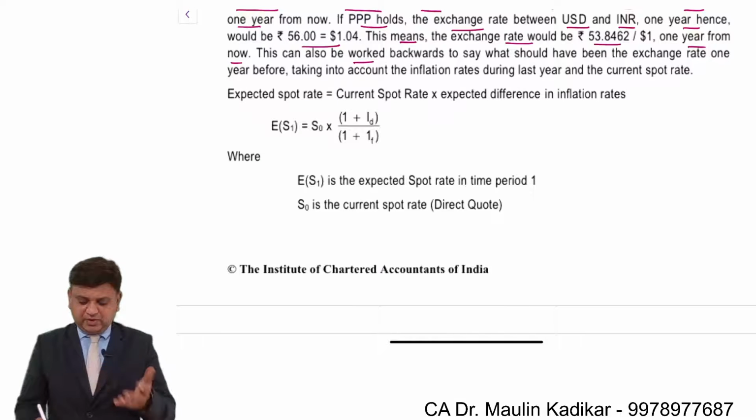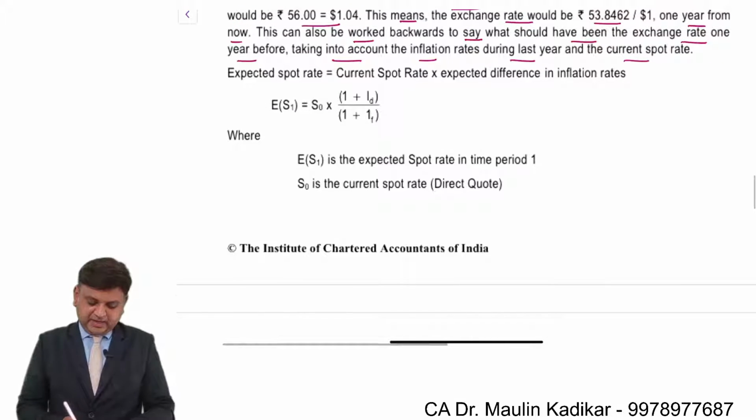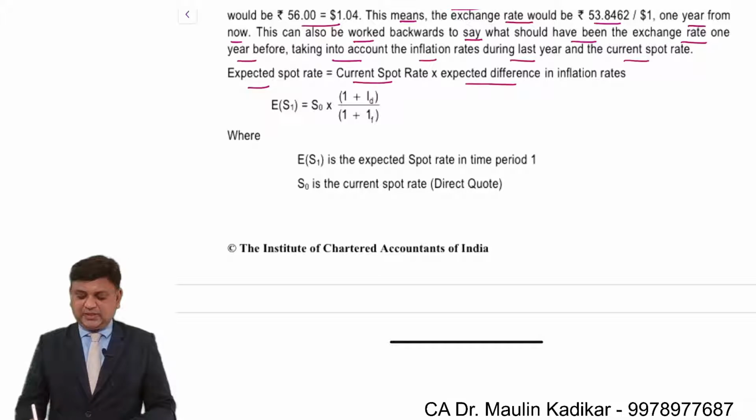This can also be worked backward to say what should have been the exchange rate 1 year before, taking into account the inflation rates during the last year and the current spot rate. Expected spot rate is equal to current spot rate times the expected difference in the inflation rate.